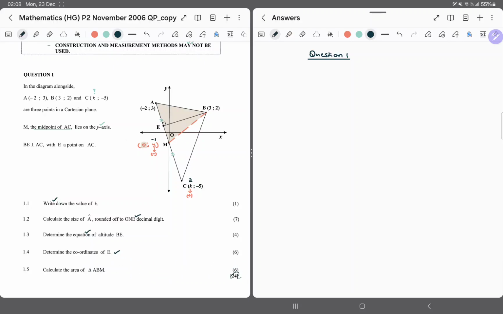This is enough for 6 marks. But we can even use the area rule, because we've got that angle from above. We can calculate this side and that side, and if we used the cosine rule here already, we just need 2 things, the side AM and the side EB. Then we plug them in, we are sorted.